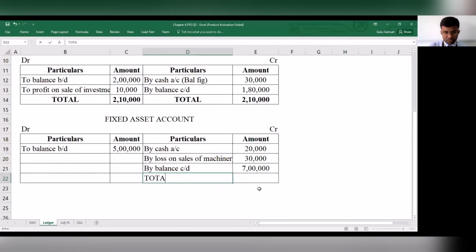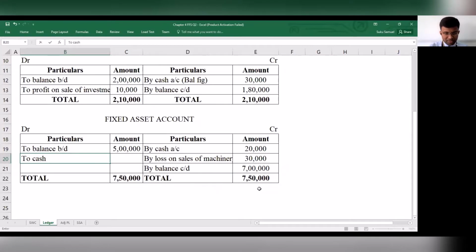Now what we have to do is balance this up. Now how much is the total? Here it is 7,50,000, so there's a balancing figure. How much is the balancing figure? The balancing figure is 2,50,000. So what does this mean?